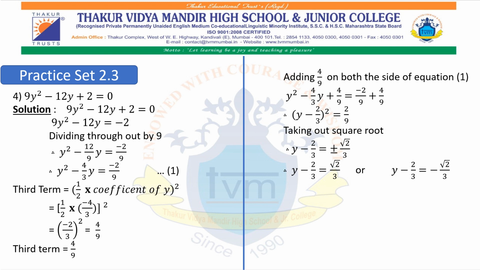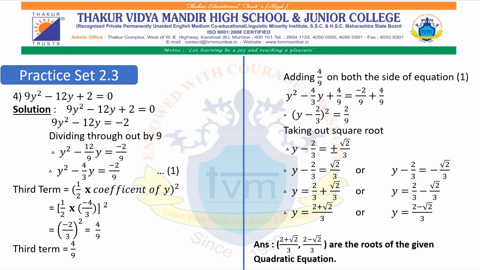Again, from both the equations, minus 2 upon 3 will be shifted to the right hand side and will be written as y equals 2 upon 3 plus root 2 upon 3, or y equals 2 upon 3 minus root 2 upon 3. Further, denominators are same, so we will write 2 plus root 2 upon 3 or 2 minus root 2 upon 3. Final answer: 2 plus root 2 upon 3 or 2 minus root 2 upon 3 are the roots of the given quadratic equation.